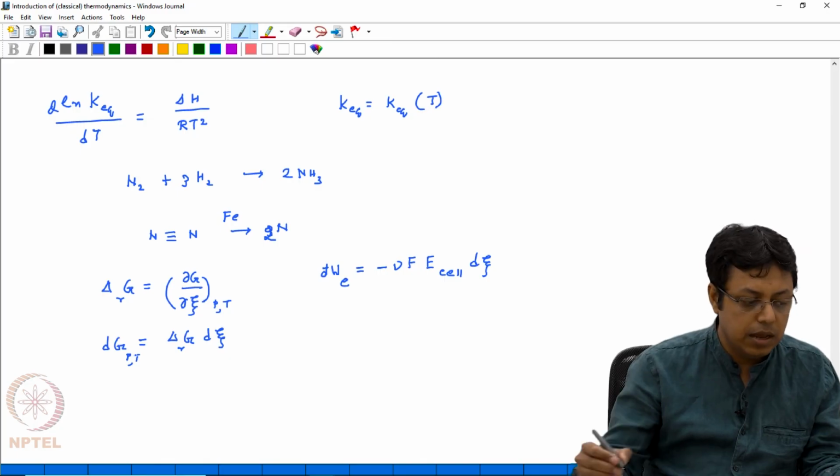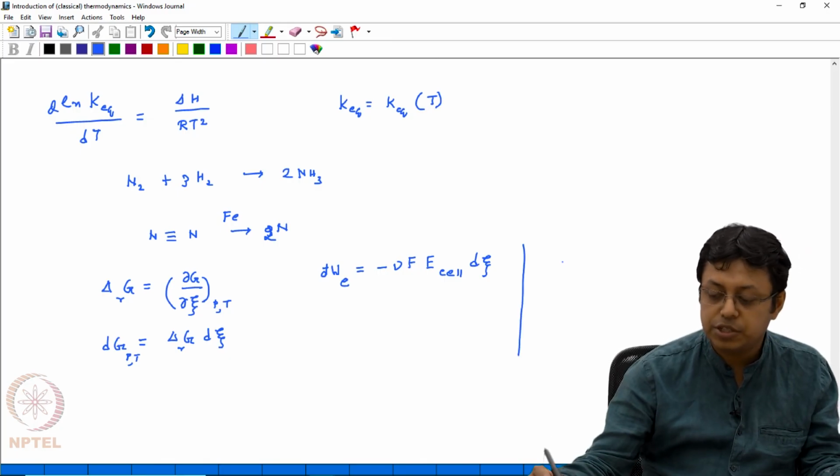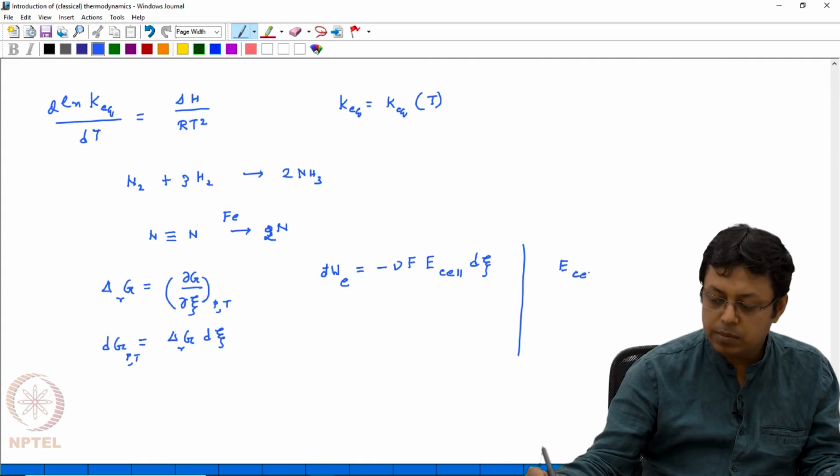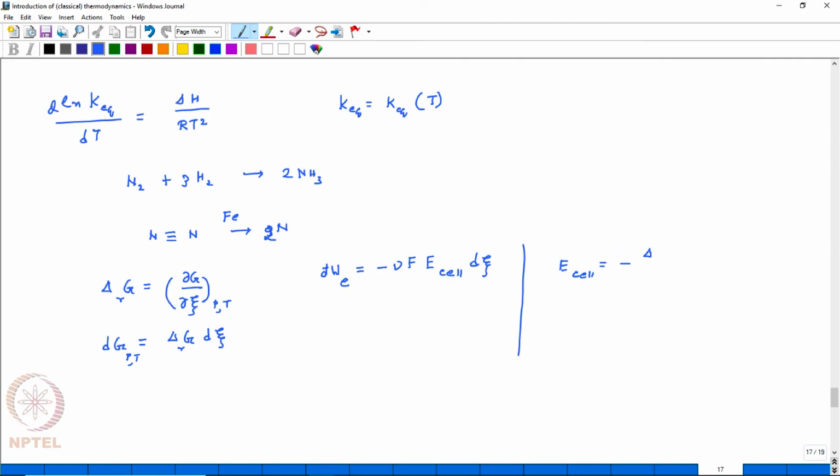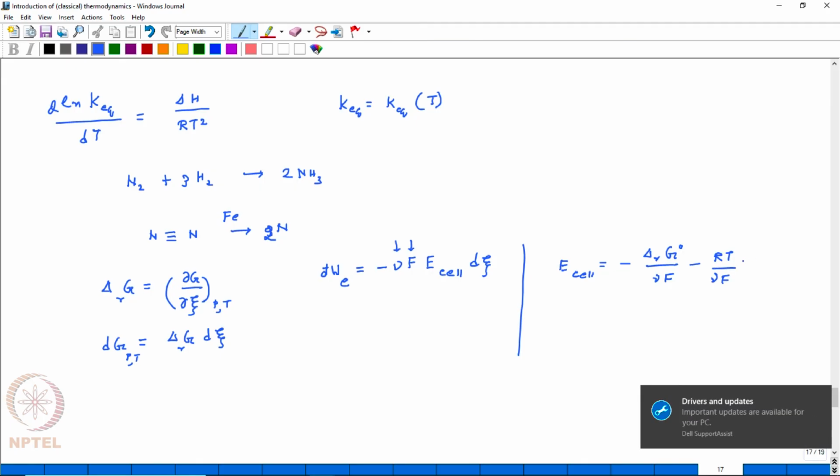Then we can compare these two equations and get an expression for the electromotive force of the cell. We get the difference in the reaction Gibbs free energy at the standard state, for the reactant minus product, divided by nu F. Here F is the Faraday constant and nu is the number of electrons involved in the redox reaction, and then we have one factor RT by nu F, keeping the same notation nu.